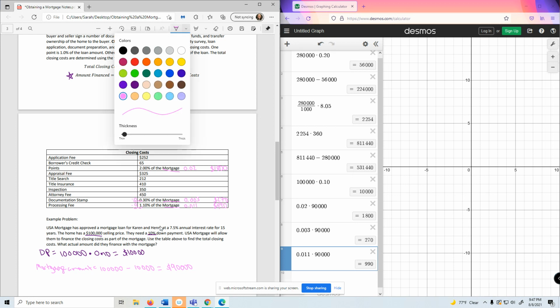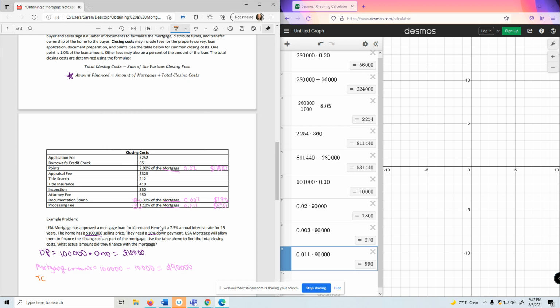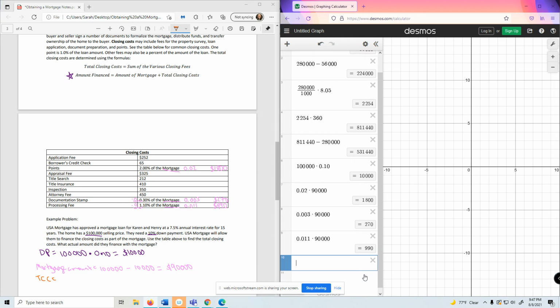So then the sum of all the closing costs, total closing costs, is we just add everything in this table, 252, 65, 1,800, all these other amounts that we found here. So instead of writing that all out, I'm going to just do it in Desmos. I'm going to talk my way through it.